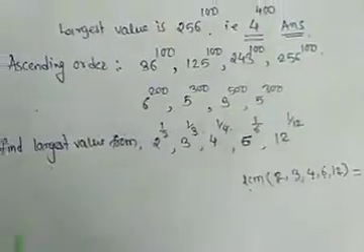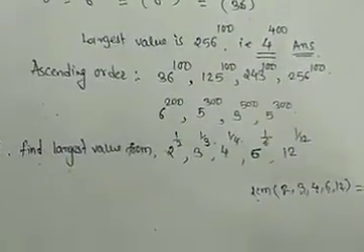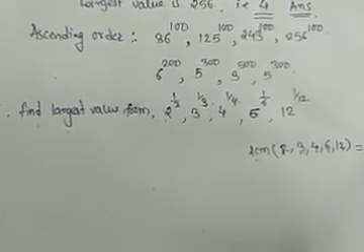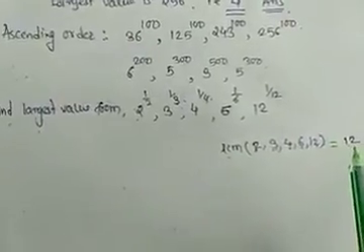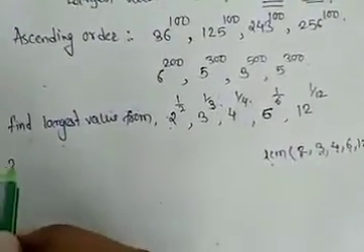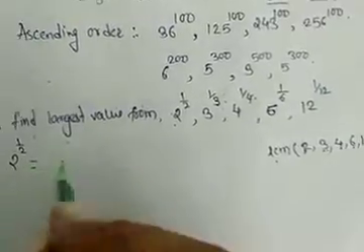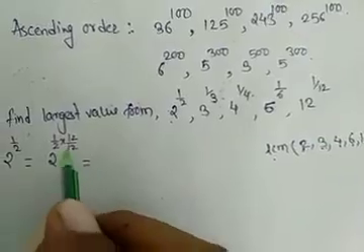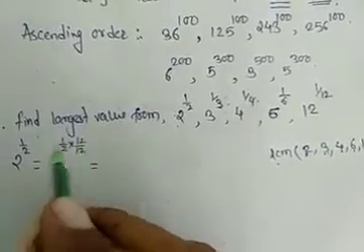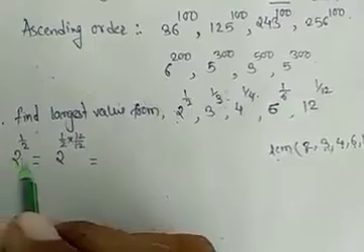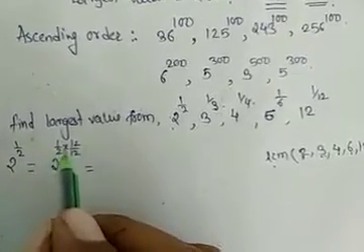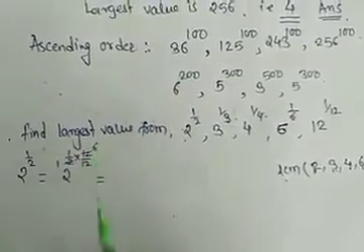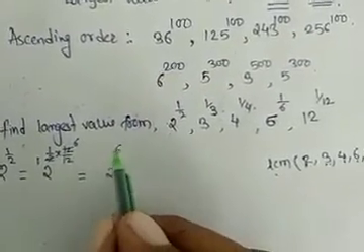Now here we have to write these terms in power of 1 upon 12, because we have found the LCM. Now 2 raised to 1 by 2 can be written as 2 raised to 1 by 2 multiplied by 12 upon 12, because the 12s get cancelled, it will be 1, and it is the same as the left side. Now 2 raised to 1 by 2 into 12 by 12 can be written as 12 1s are 12, and 12 6s are 12, so 2 can be written with the power 6 upon 12.